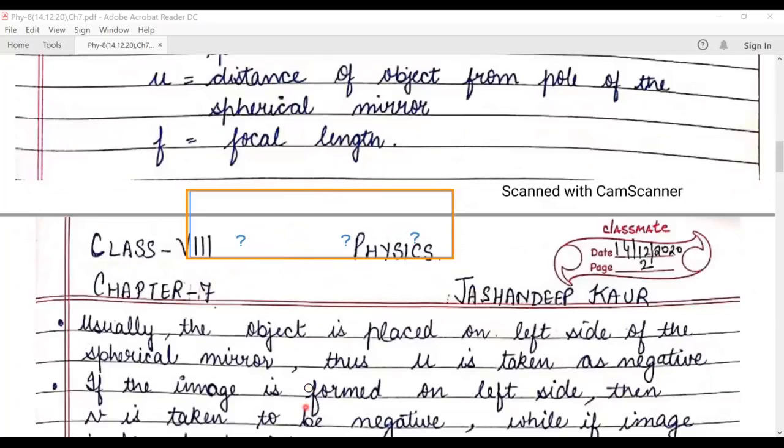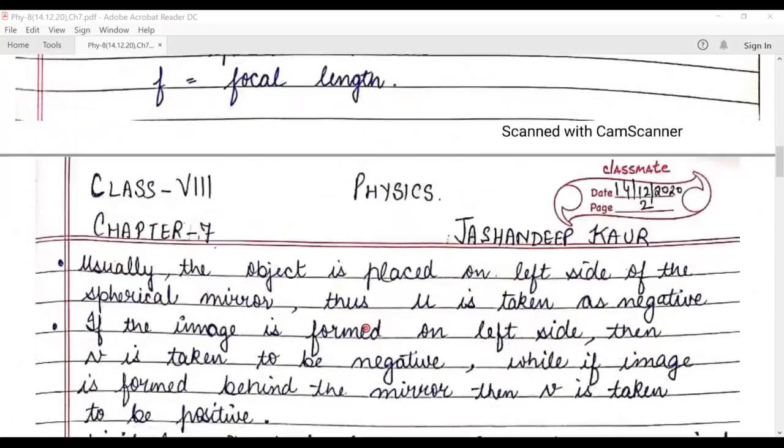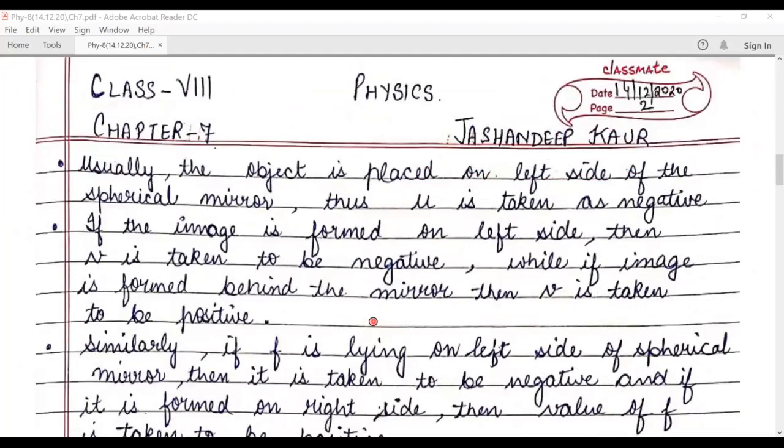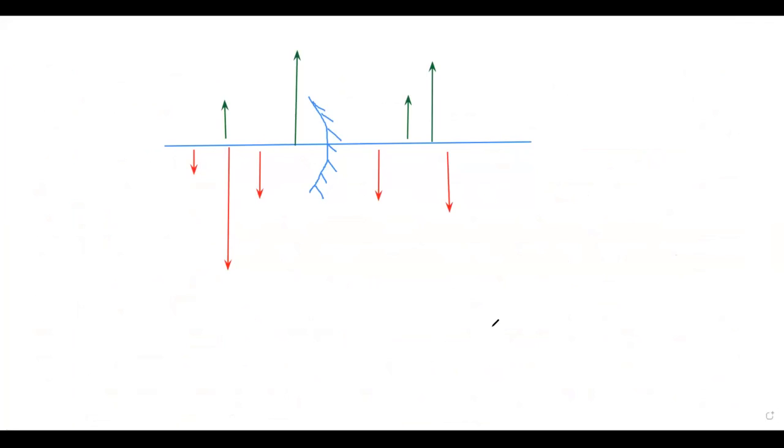Now students, usually the object is placed on the left side of the spherical mirror. In all the cases of ray diagrams, we have always placed the object on the left side of the mirror, whether you have a convex or concave mirror.